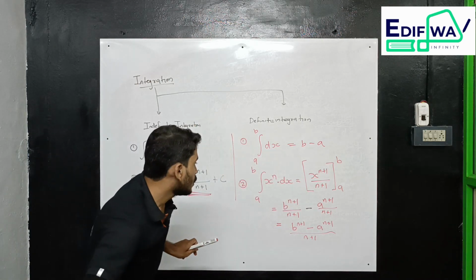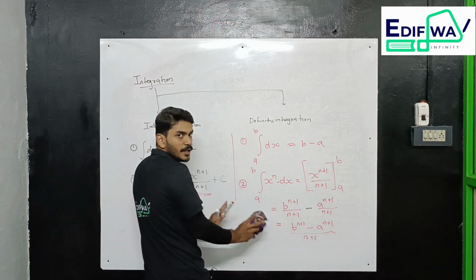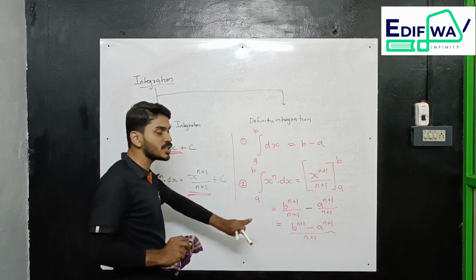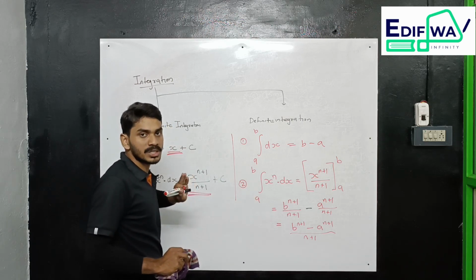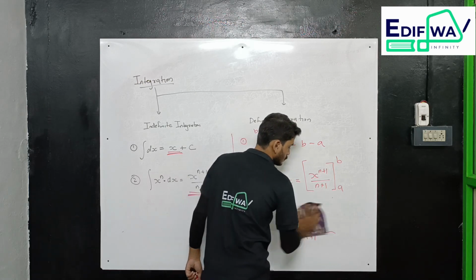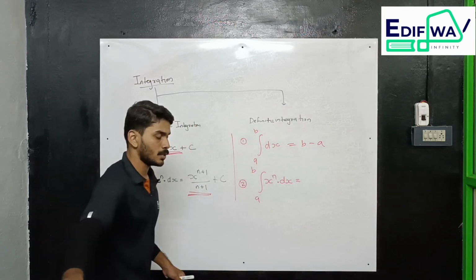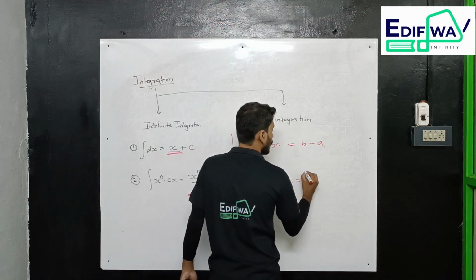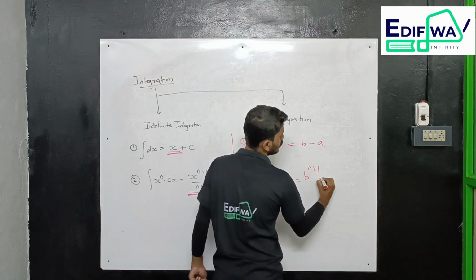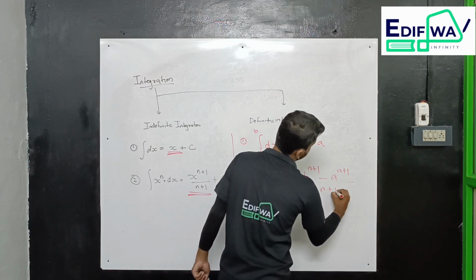Now you can just memorize the answer. I am erasing this, so you have to note it. If you think you need to learn the procedure, you just take this down. So the answer becomes b raised to n plus 1 minus a raised to n plus 1 by n plus 1.